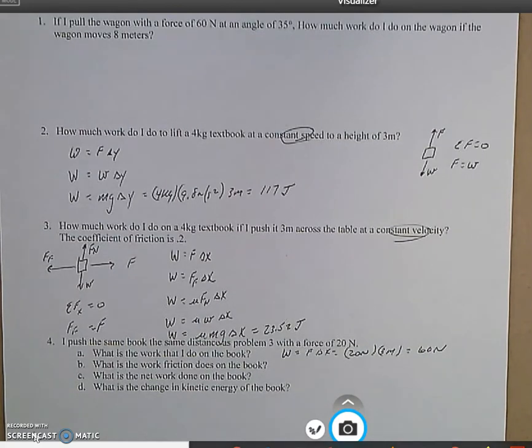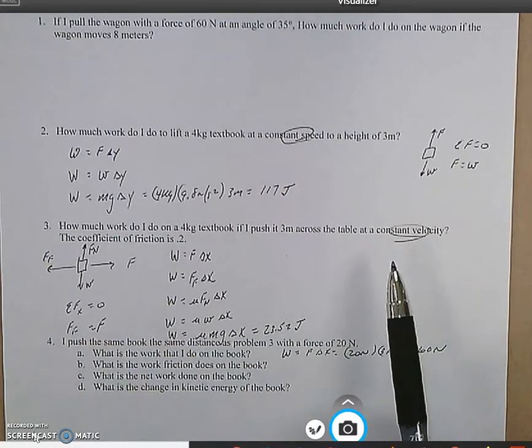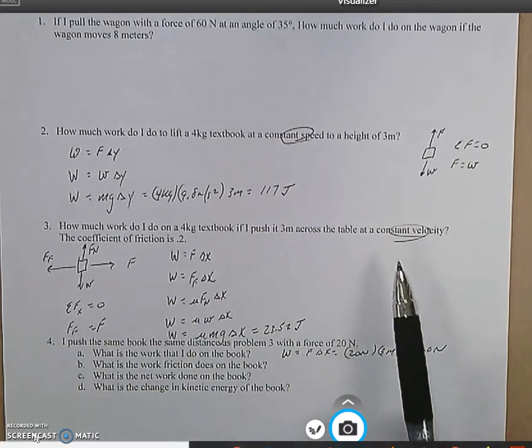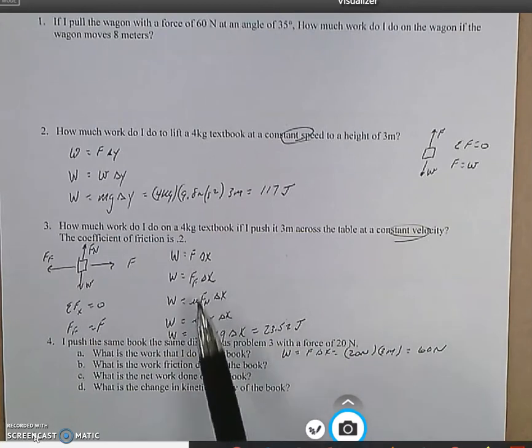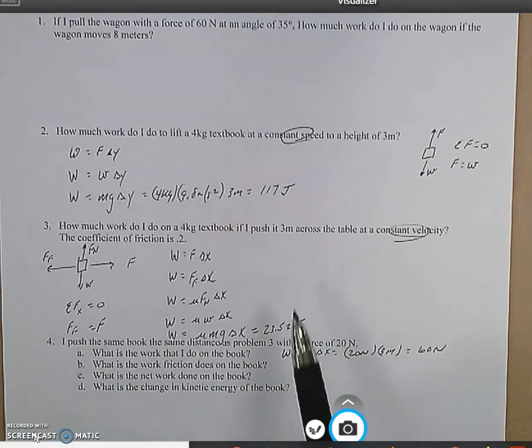And the friction force is determined again, just like up here, by mu times the normal force. Guess what? None of that stuff has changed. Up here, if I do 23.52 joules of work and the object's moving across the table at a constant velocity, then there's no added energy, which means there's no net work done. So me and friction are both doing 23.52 joules of work up here in question 3.